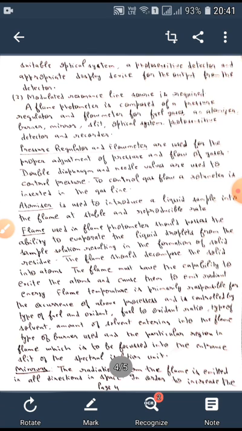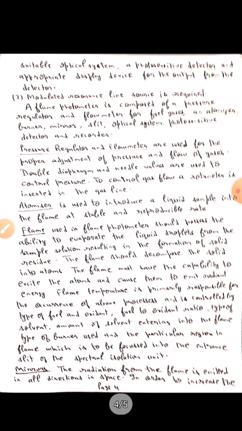The flame must have the capability to excite the atoms and cause them to emit radiation energy.